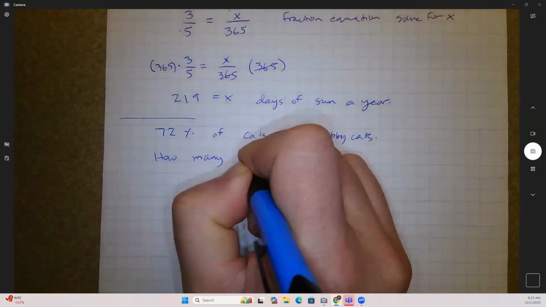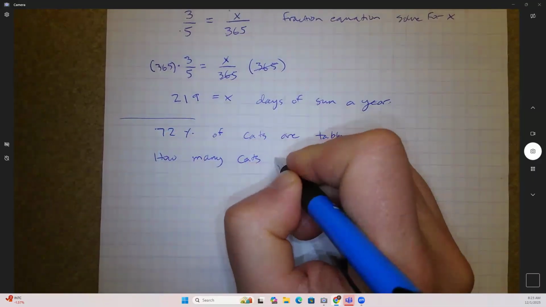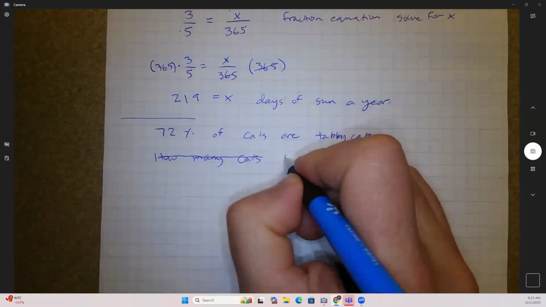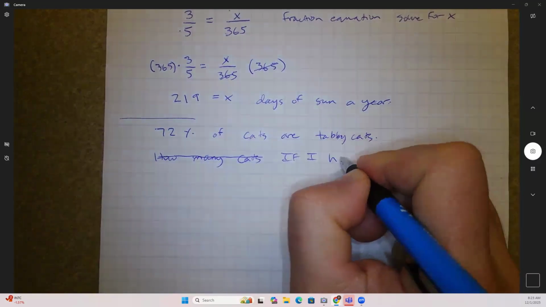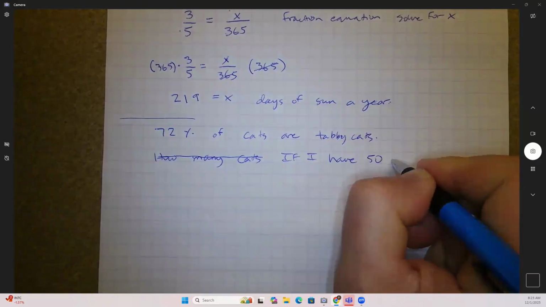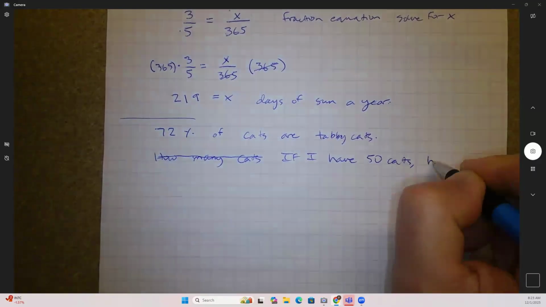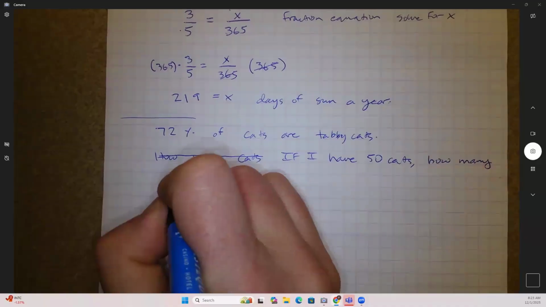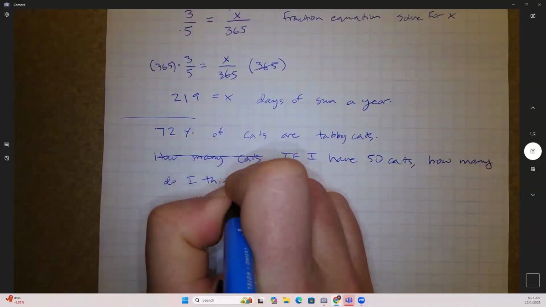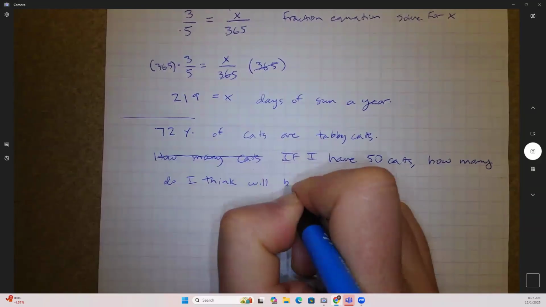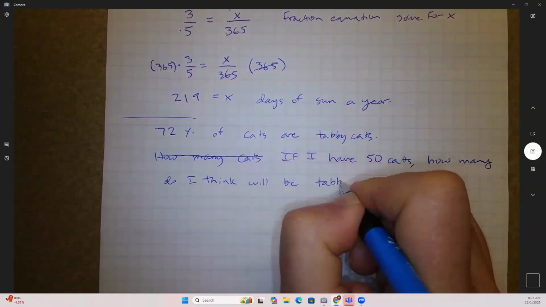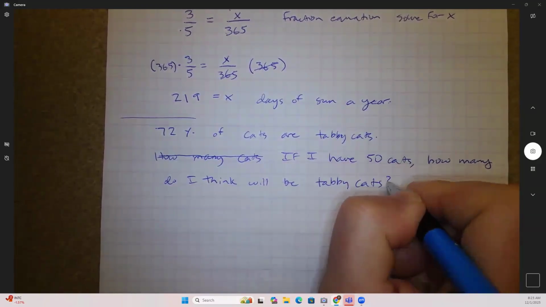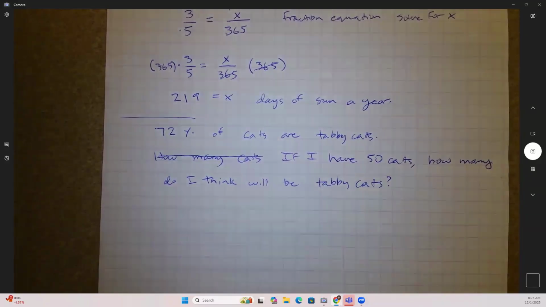How many, let's see, if I have 50 cats, how many do I think will be tabby cats, like striped?